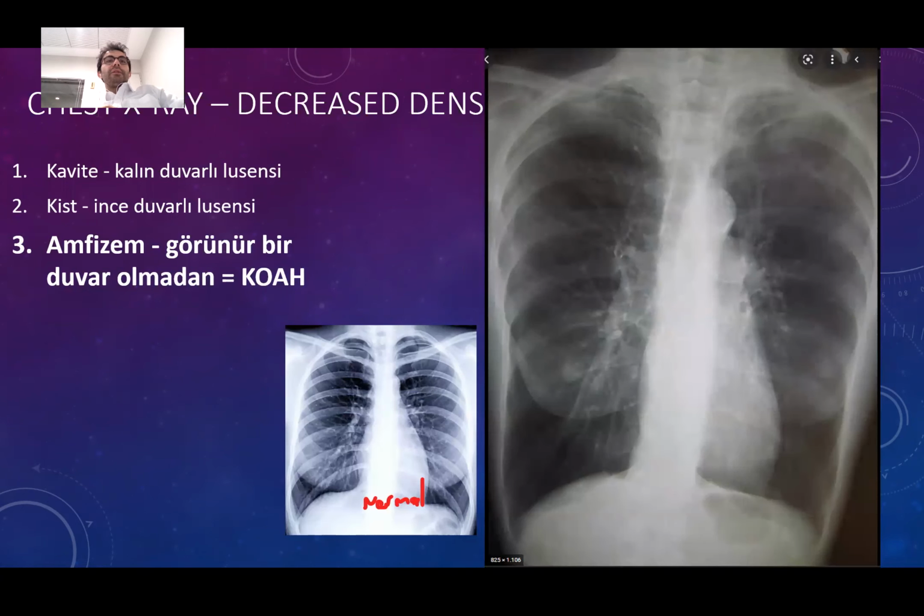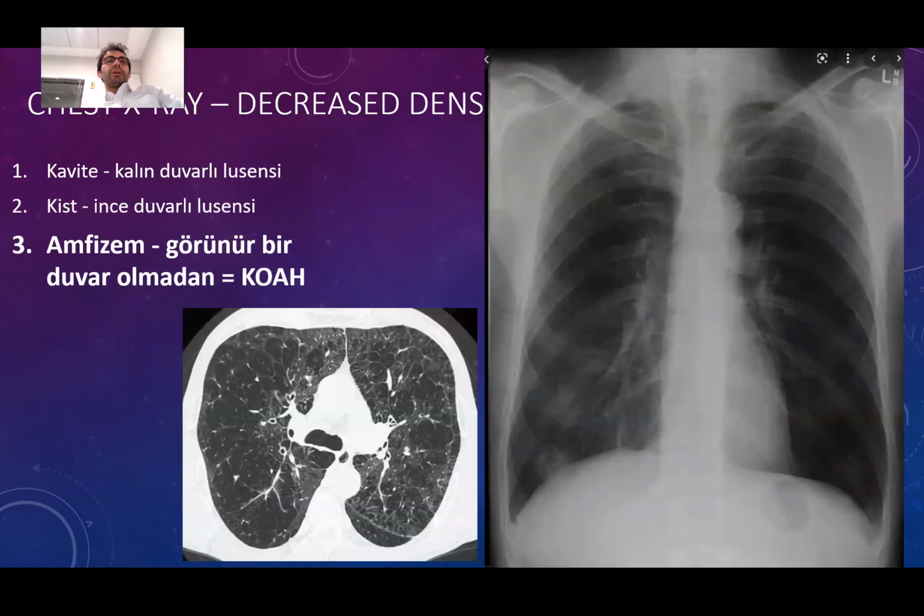But when it comes to lucency without any visible wall, we should be thinking about emphysema. Thus, this should direct us to chronic obstructive lung disease. Emphysema looks like this, people. It's basically absence of functional lung tissue.